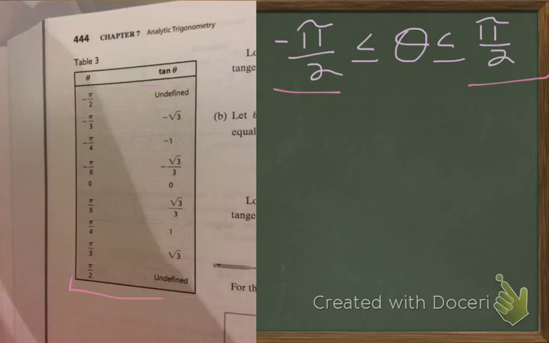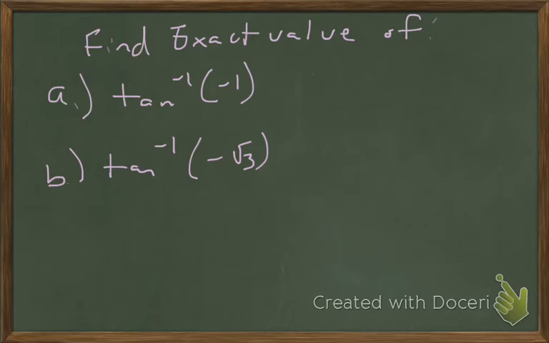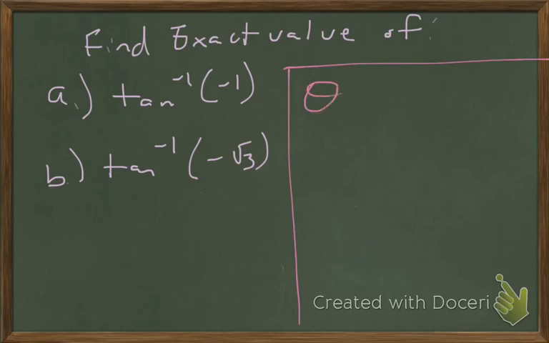So just keep that in mind as we go through our examples. So let's go ahead and start on our first example. For letter A, we want to find the exact value of tan inverse of negative 1. So once again, we say our angle theta is equal to tan inverse of negative 1. Then, once again, we multiply both the left and the right side by tan.